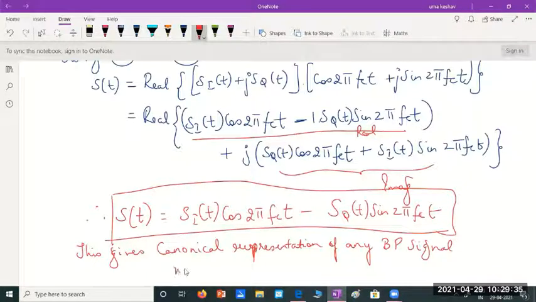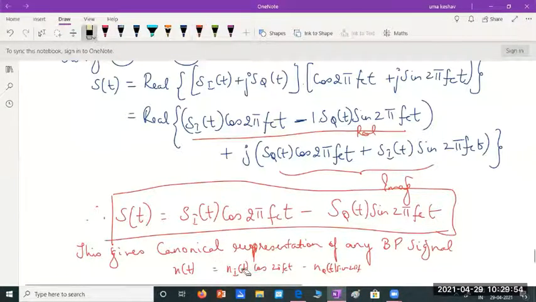If you remember, narrowband noise was considered as a band pass signal. So it would be considered as Ni cos 2 pi fct minus Nq sin 2 pi fct. And how did we write this equation? Last time you simply assumed. This time we are showing how it is obtained.